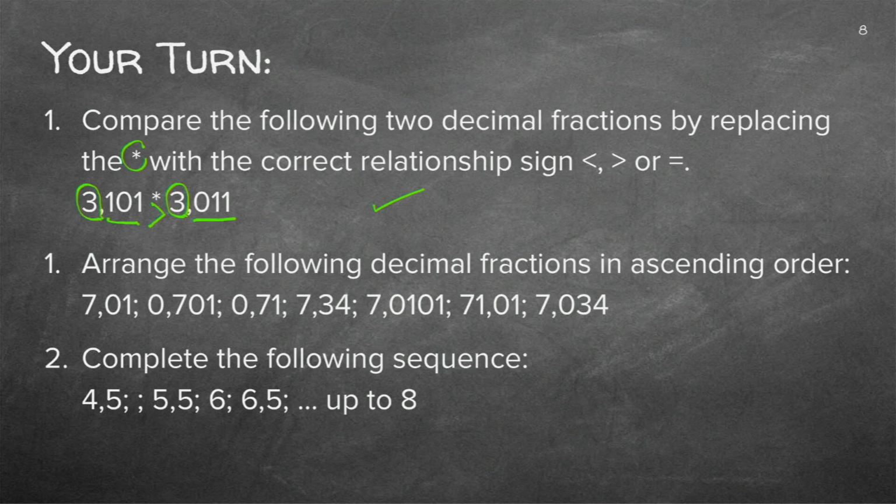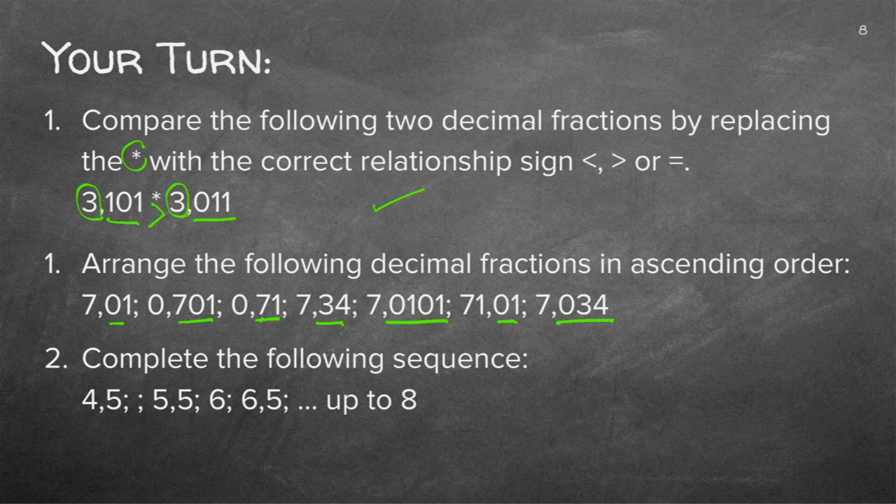Okay, so let's get the numbers. 7.01 and 0.0701. So there's 2 decimals, 3 decimals, a 2 decimal, a 2 decimal. Here we have 4 decimals. There we've got 2 decimals, and there we've got 3 decimals.